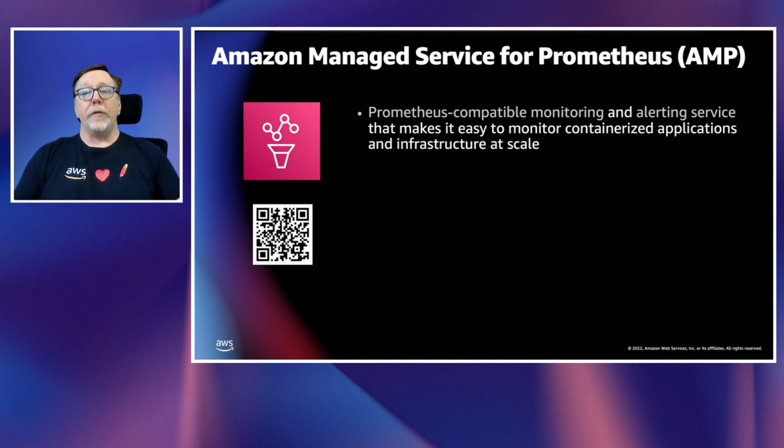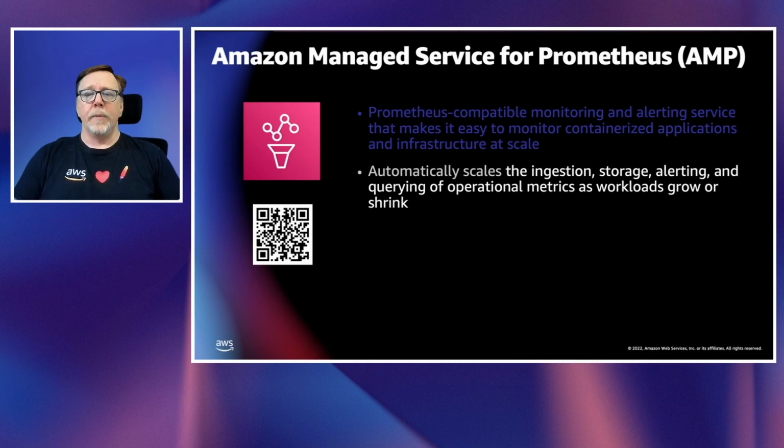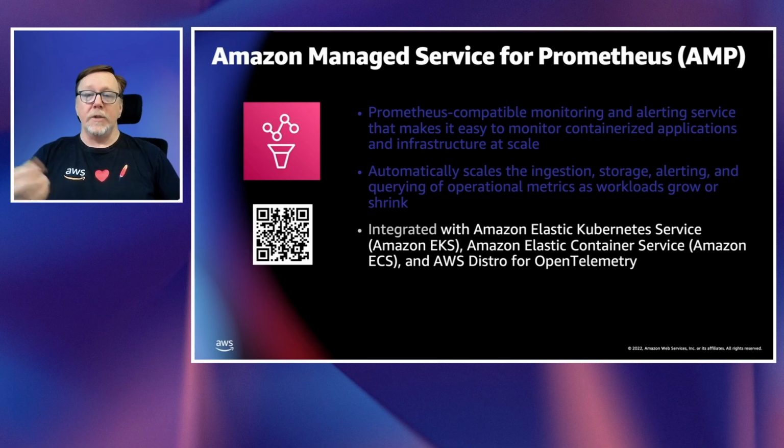And again, you use it for monitoring containerized applications and infrastructure at scale. It automatically scales for ingestion and storage and alerting and querying of the metrics as your workload grows or shrinks. It's integrated with Amazon EKS, Elastic Kubernetes Service, Elastic Container Service, and AWS Distro for OpenTelemetry.